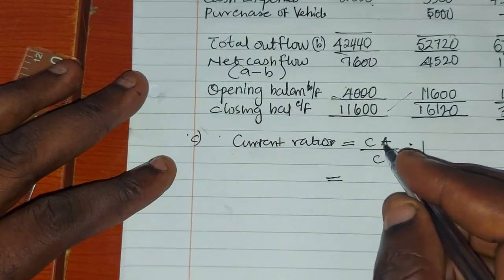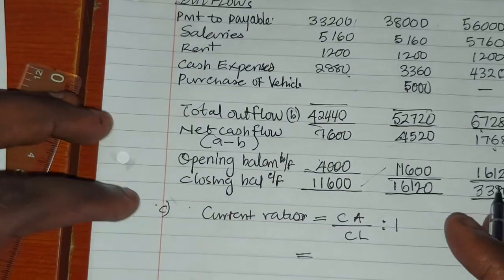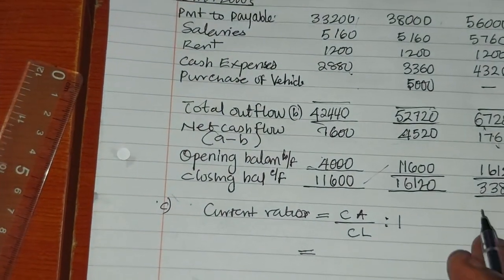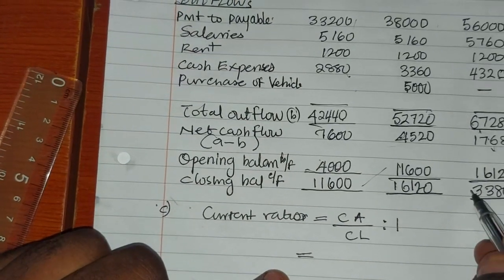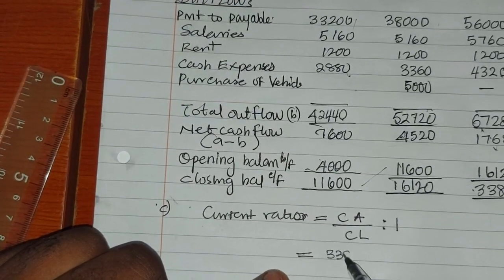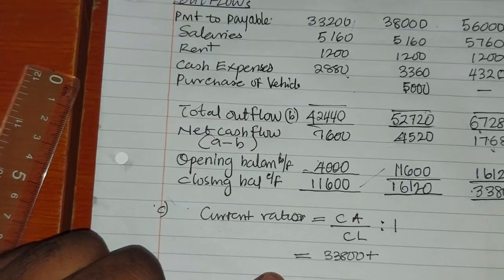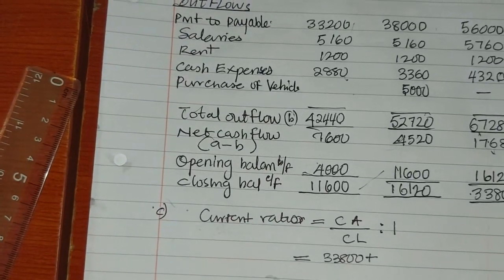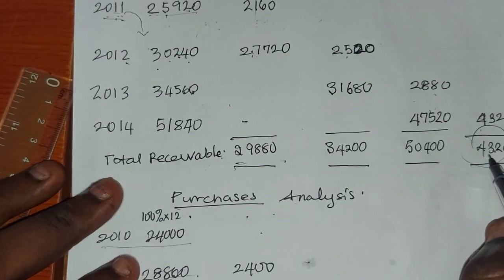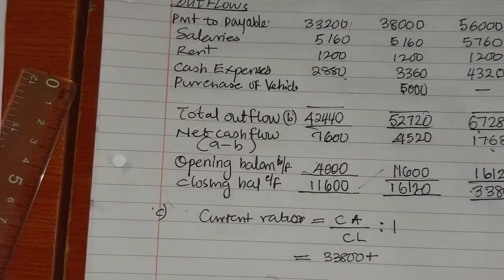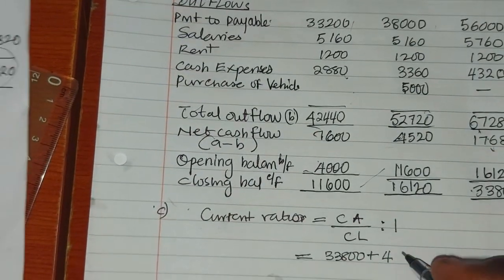And our current assets there, for 2019, that's our cash. This is our cash balance, 33800, plus the debtor in our analysis. That is 4,320. Don't forget, all these are in thousands.